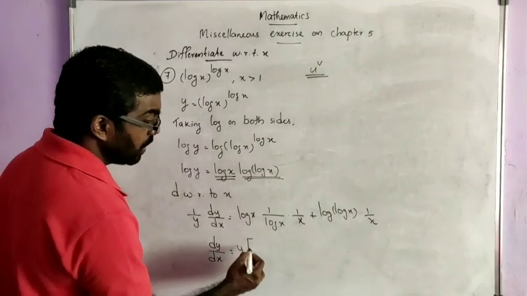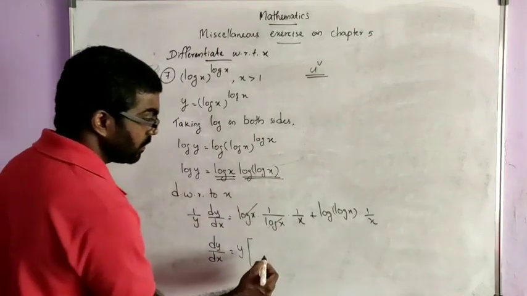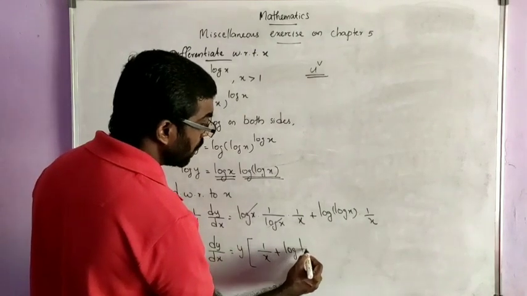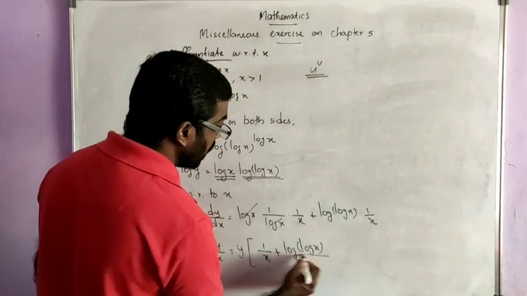Y into this log x we can cancel, and the remaining is 1 by x plus log x whole divided by x.